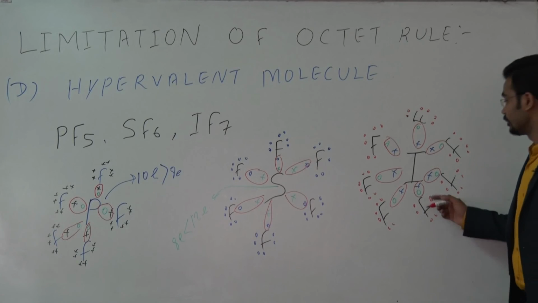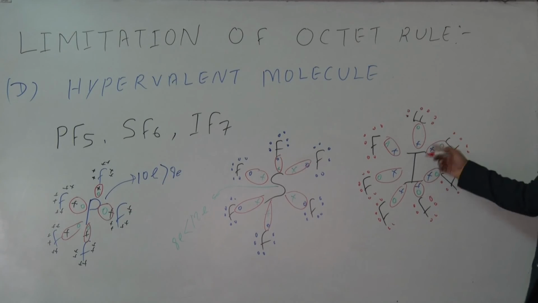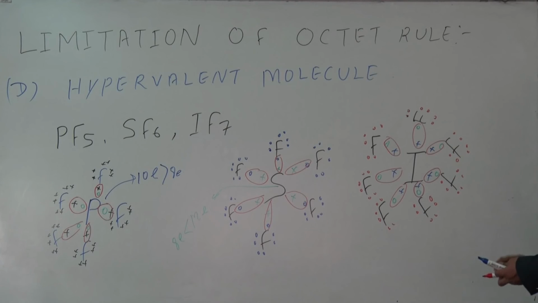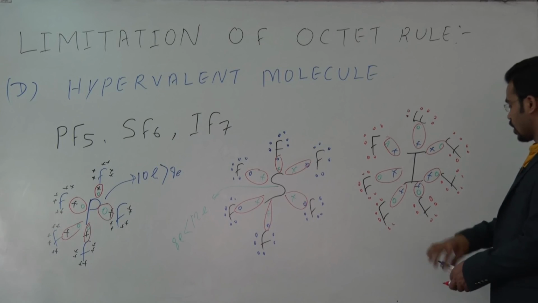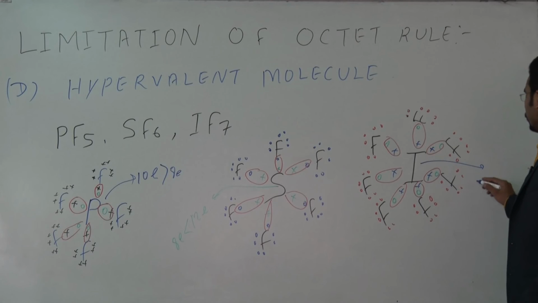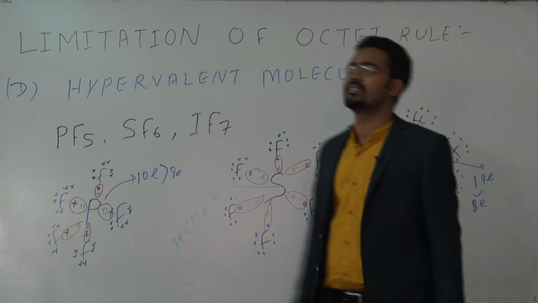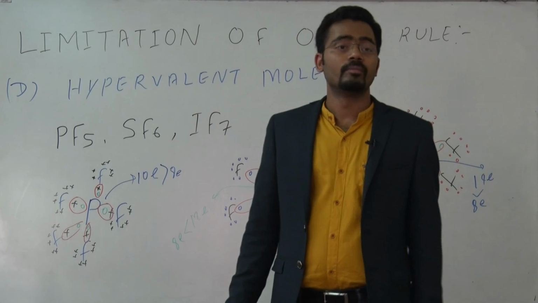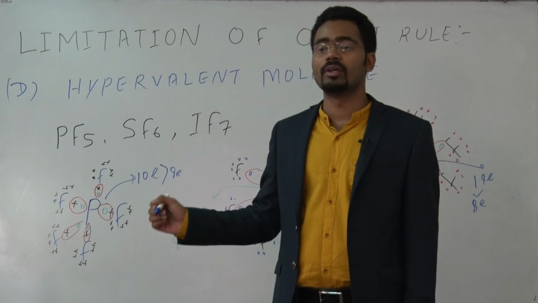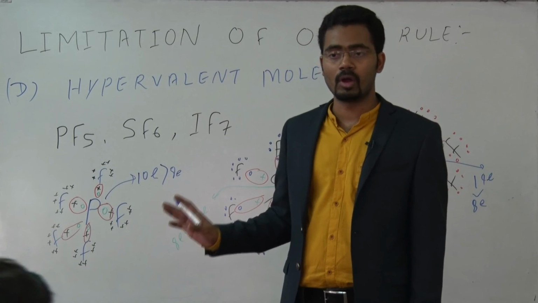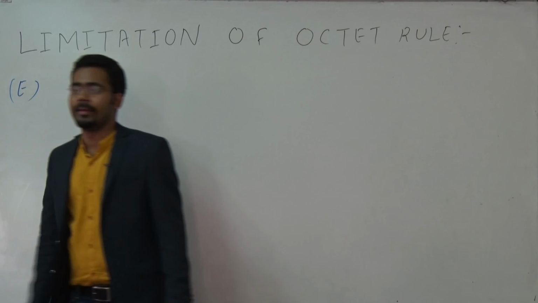Thank you. So tell me the total valence electrons of iodine here. The total is 14 electrons, which is greater than 8 electrons. So from here it is clear that a hypervalent molecule does not obey the octet rule. Got it?